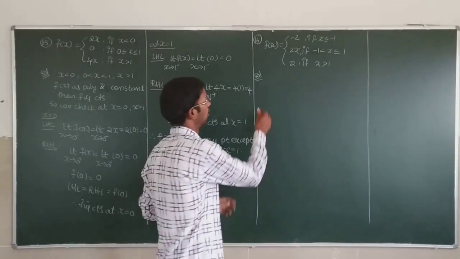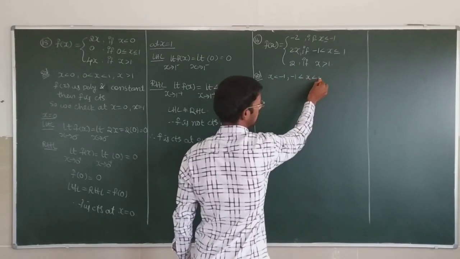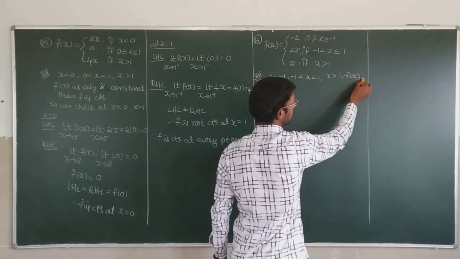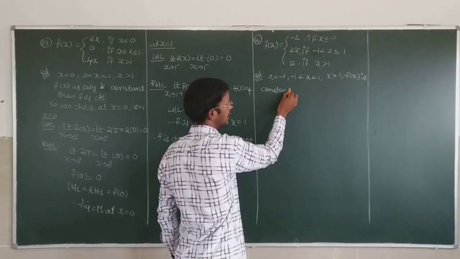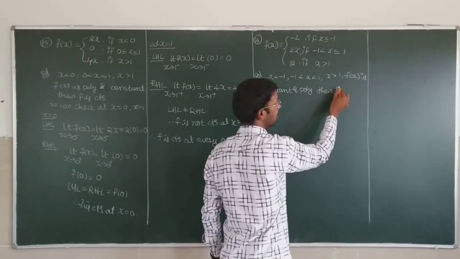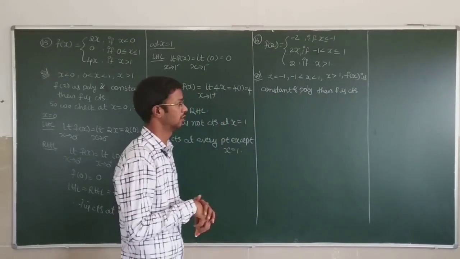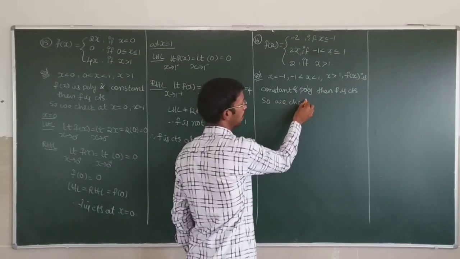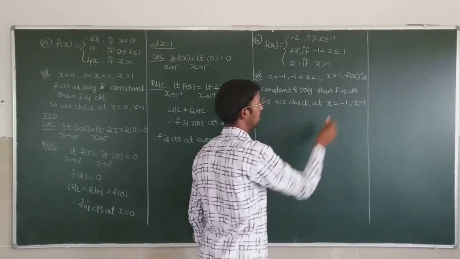Before going to that, you have to write x < -1, -1 < x < 1, and x > 1. f(x) is constant and polynomial, so f is continuous in those intervals. So at those particular points we have to find. So we check at x = -1 and x = 1.